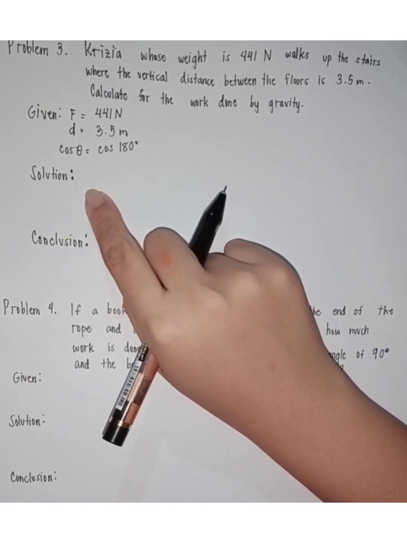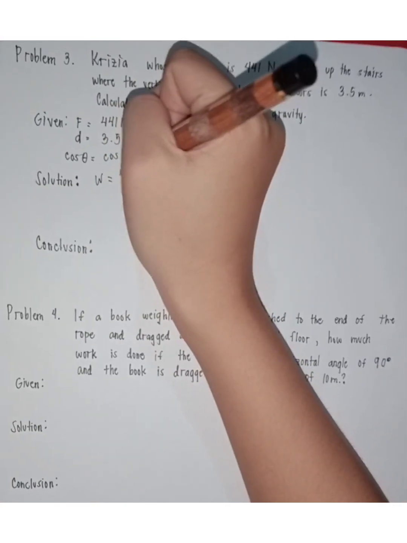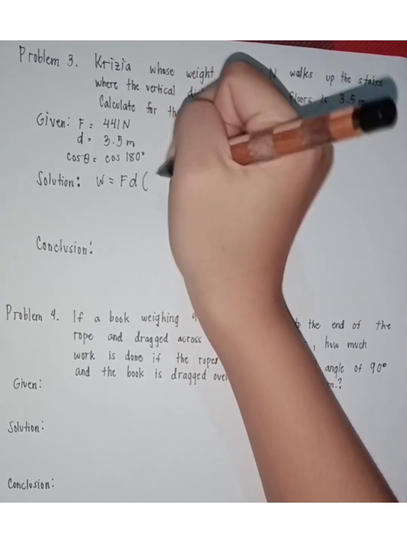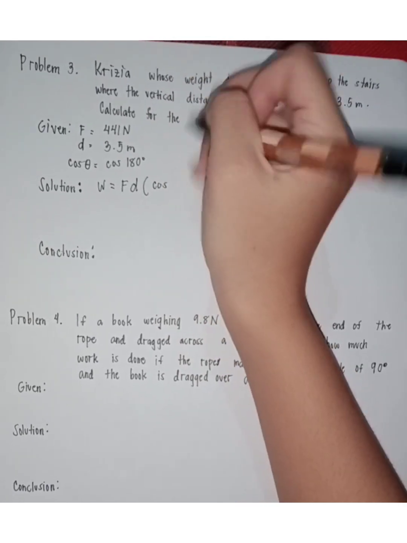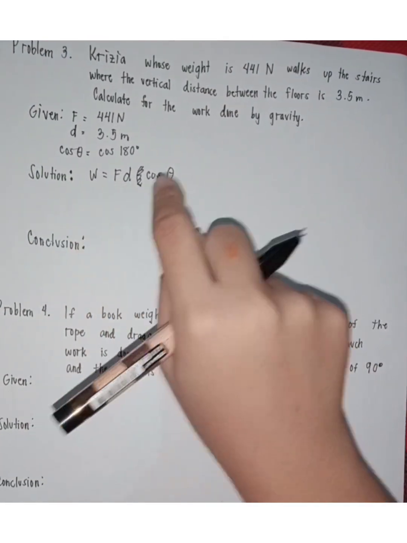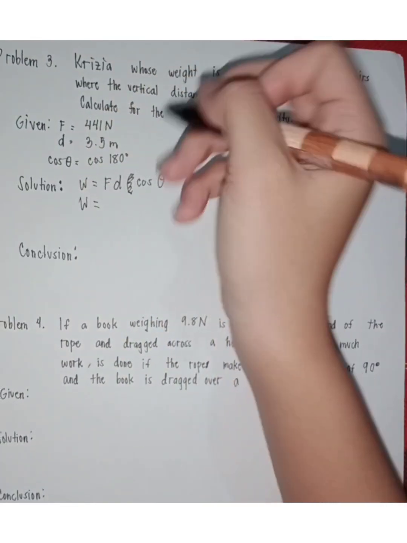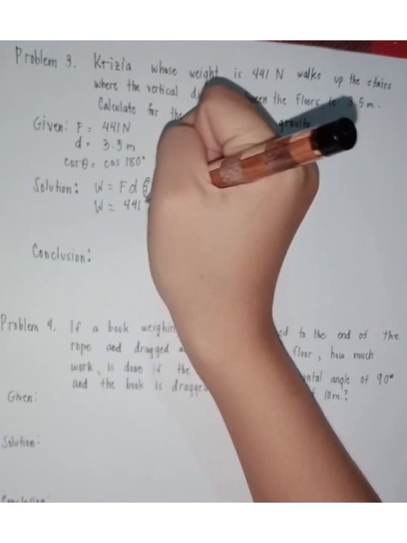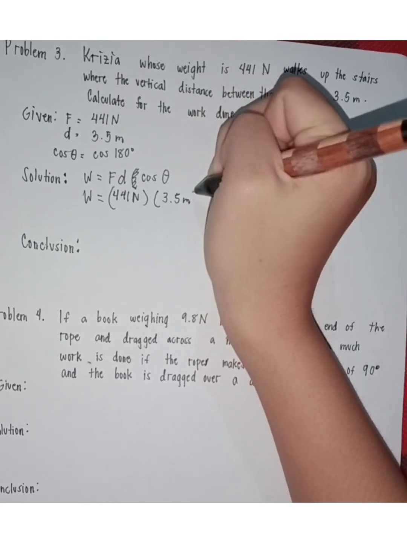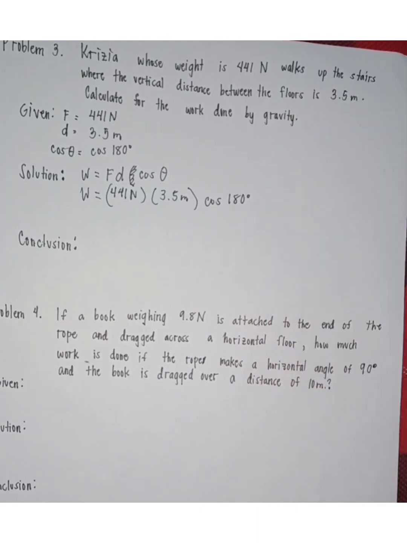Solution: we need to use the formula work is equal to force times distance times cosine theta. So let's substitute: force 441 Newton times distance 3.5 meters, then cosine 180 degrees.